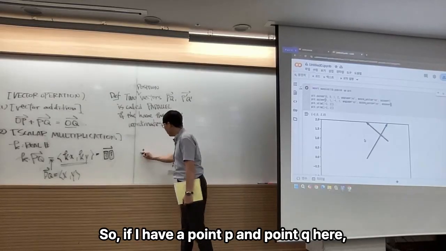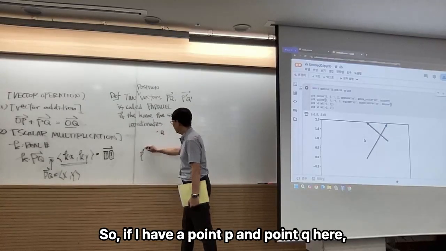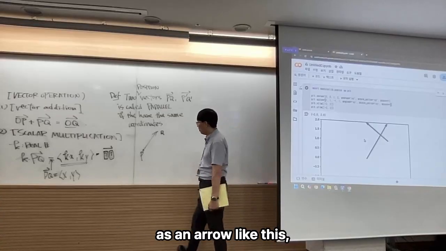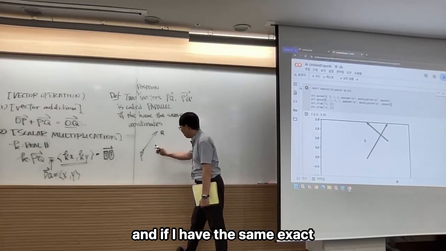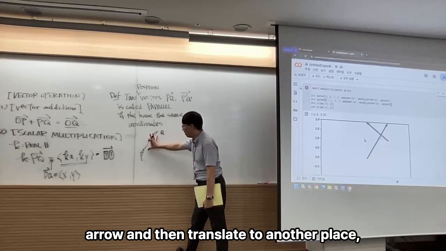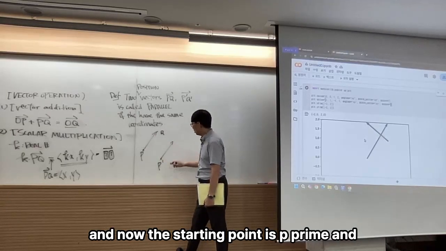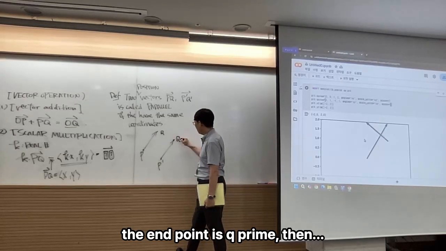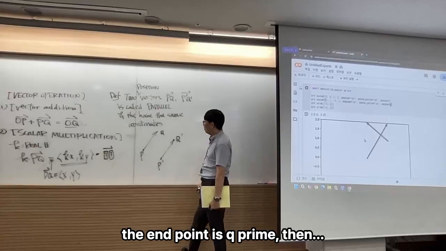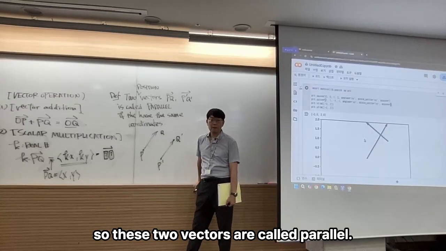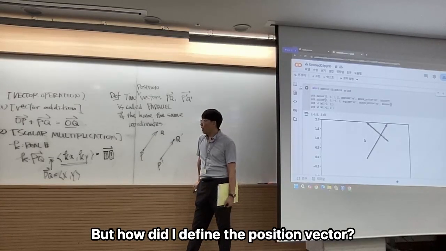If I have a point P and a point Q, and my vector is represented as an arrow like this, and I have the same exact arrow translated to another place, where the starting point is P prime and the end point is Q prime, then these two vectors are called parallel. But how did I define the position vector?